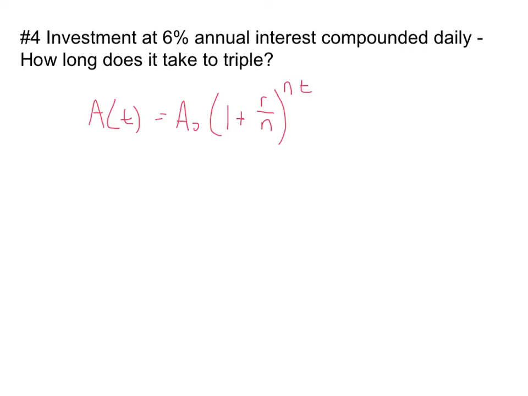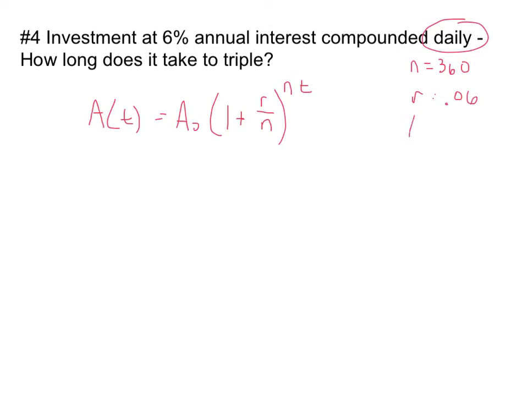Number of times you compound it over the course of the length that you're interested in. So what's n? Daily means the number of times it's compounded is 360. What's r? Well, that's 0.06.